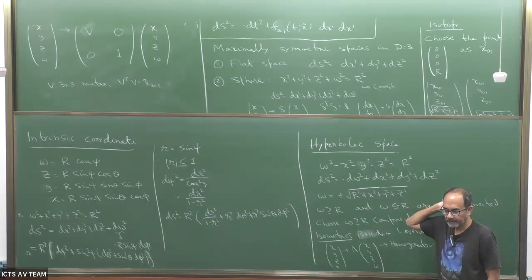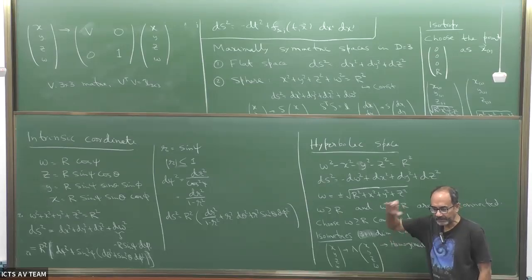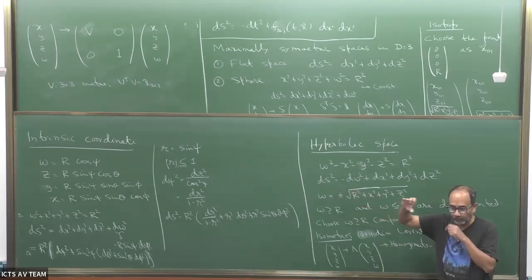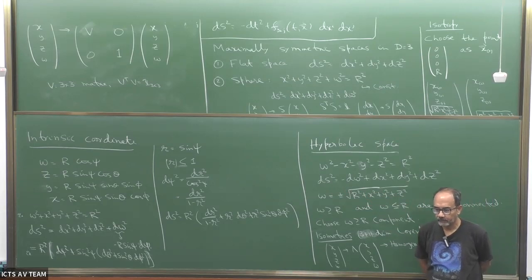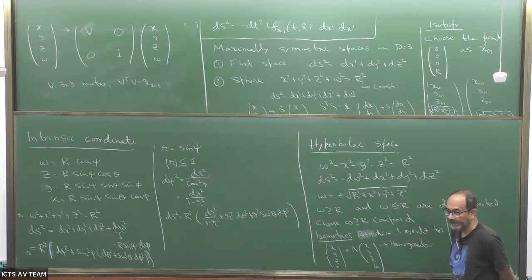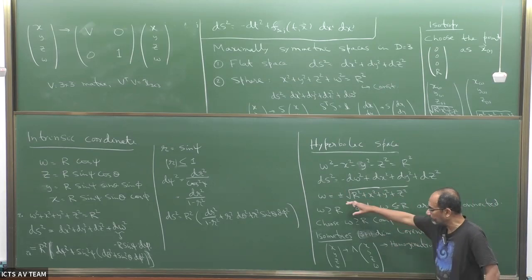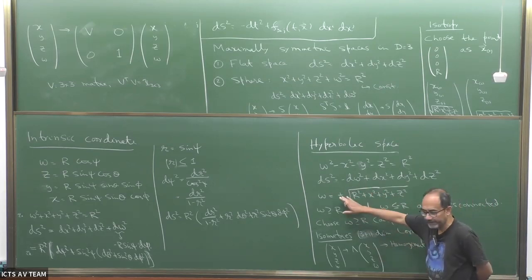We are just completely removing that. Exactly. So within that space, it's only the proper Lorentz transformation that is an isometry. Just choosing one sign is basically doing that job. We just remove the minus sign here.